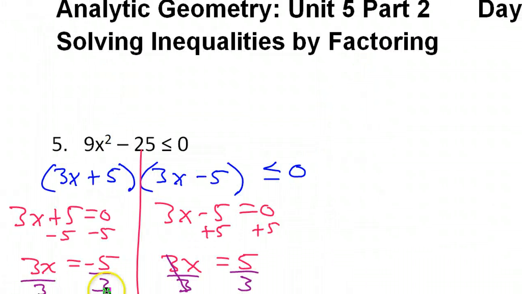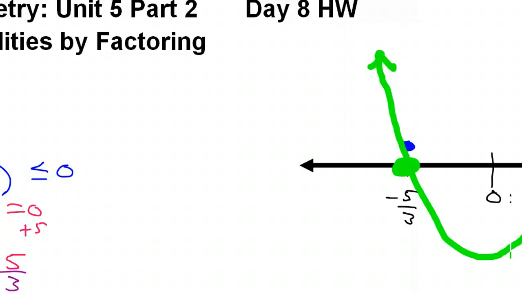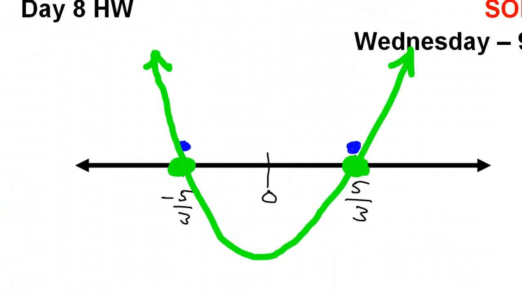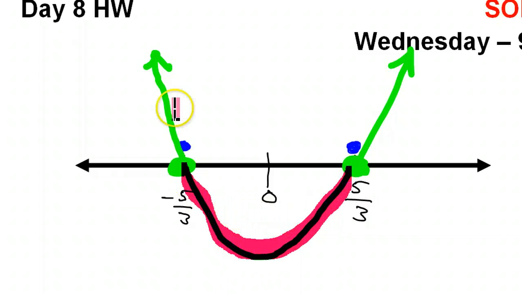Now, this inequality is asking where is the function less than or equal to 0? Well, the function is going to be less than 0 where it is below the x-axis. And it's below the x-axis in this area. This is where it's below the x-axis.